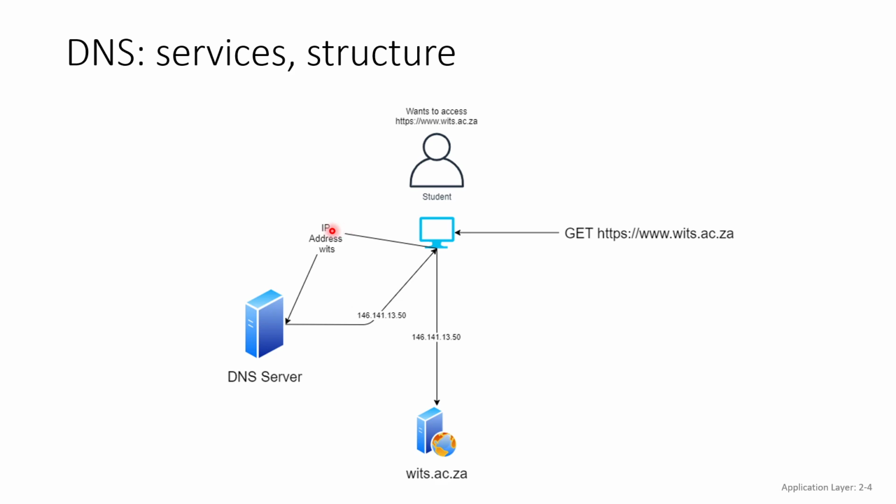Can you give me the IP address of that one? Then the domain name system gives it the IP address and then queries wits.ac.za, and we can now have TCP/IP communication between those two because the name has been resolved, right? That's basically it in a nutshell.